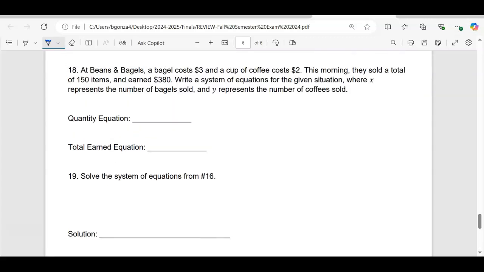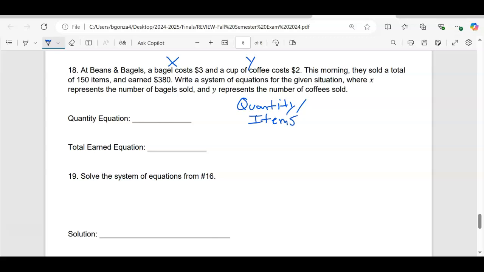Beans and bagels. A bagel costs $3, and a cup of coffee costs $2. We'll call them x and y. X is bagels, y is coffee. Okay, so we want the quantity equation. I call it items.